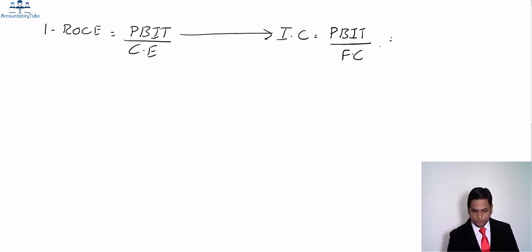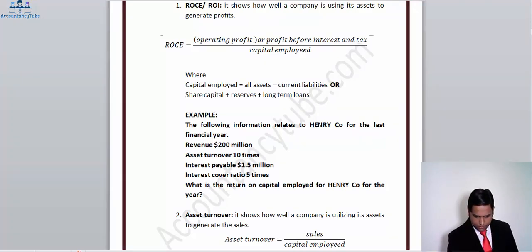In this case, we are given an interest cover of 5 times and interest payable of 1.5 million.